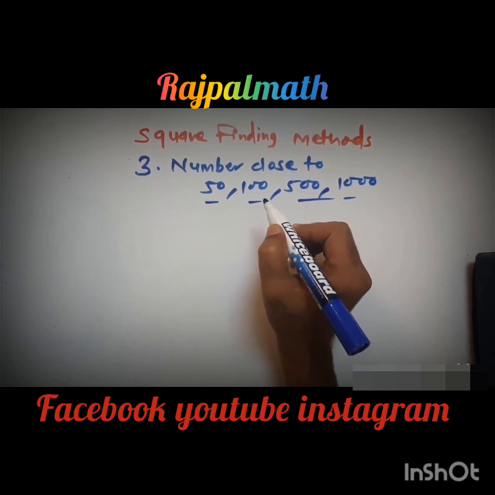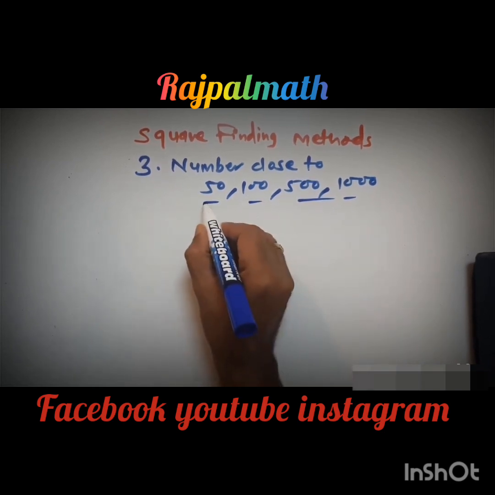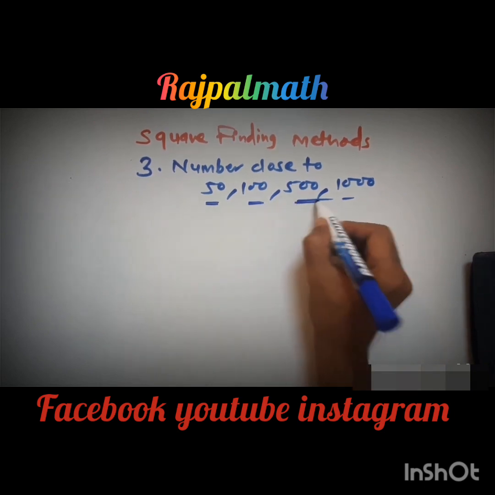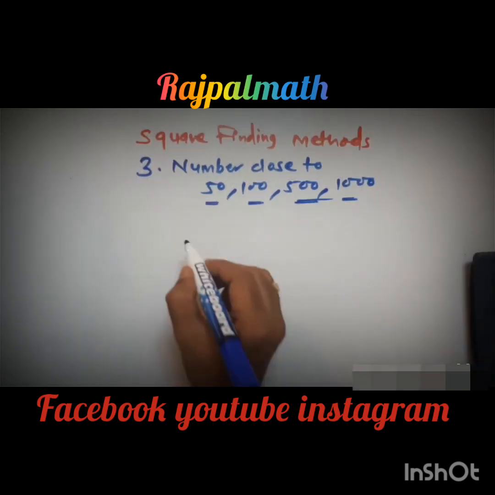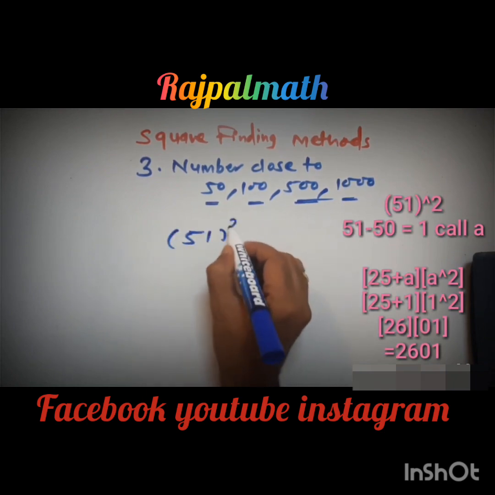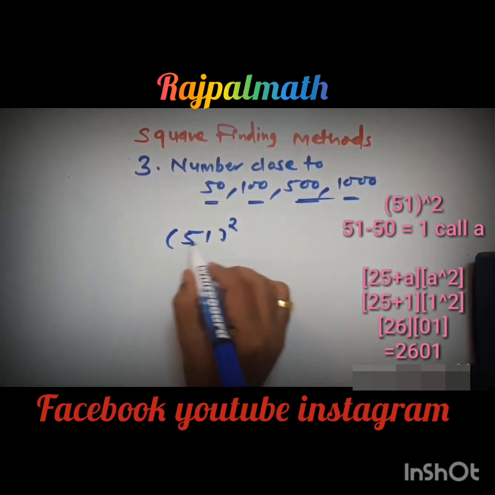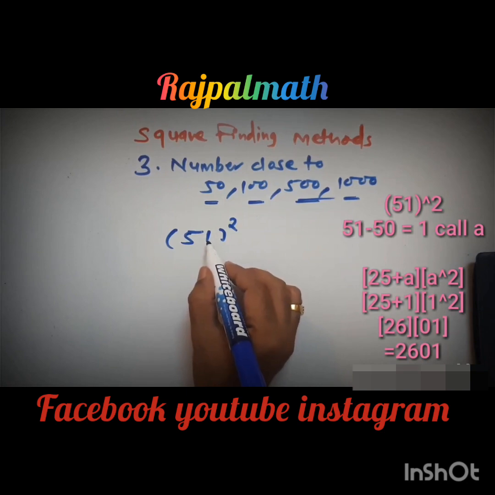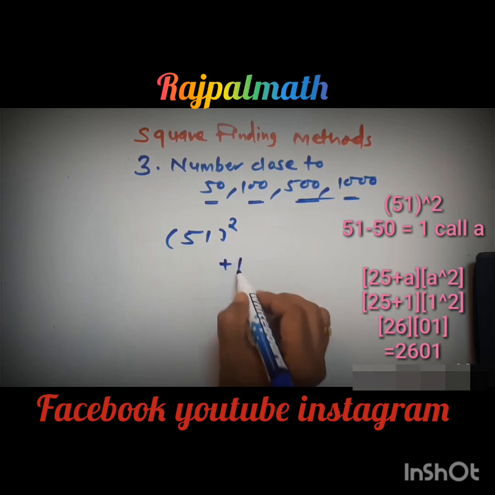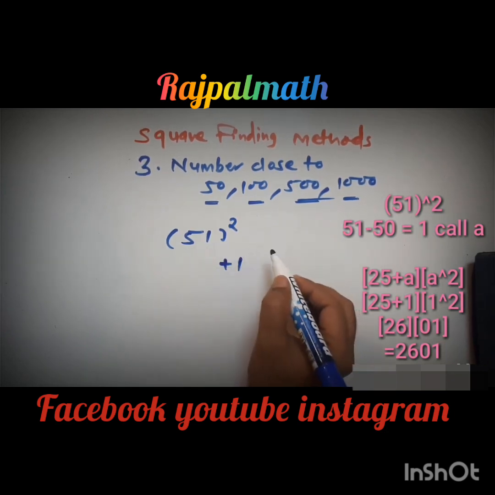Let's move to our third method, where we can find out the square of any number which is close to 50, 100, 500, 1000. Let's take the example 51, square of 51. What I'm going to do is find out the difference between 50 and the number. So 51 is plus 1 with respect to 50.